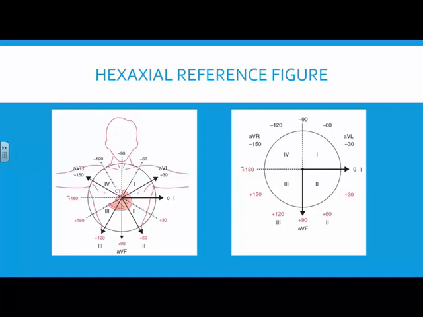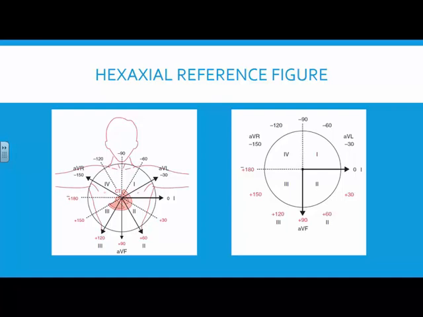So that would be aVR. Here to here. What? aV what? aVL. And here, y'all can't see, but just assume it's going to be aV what? aVF.